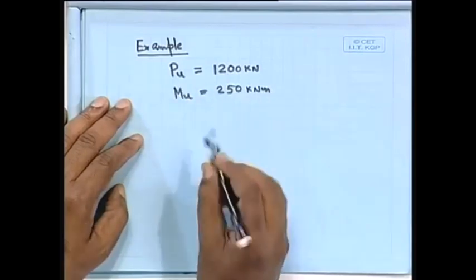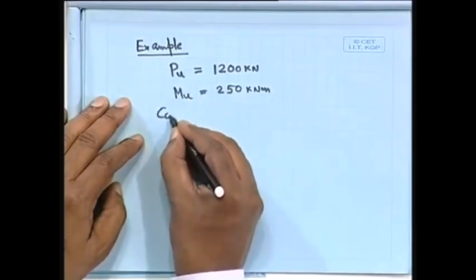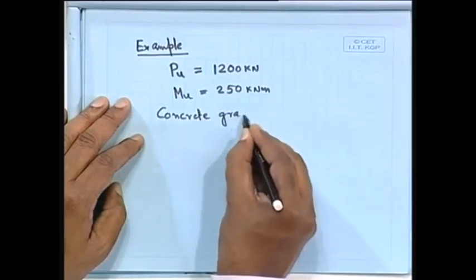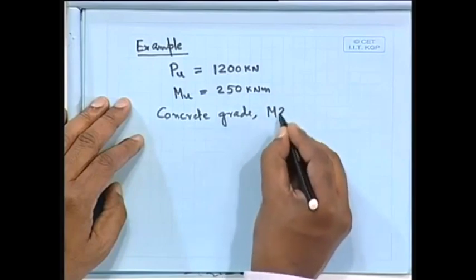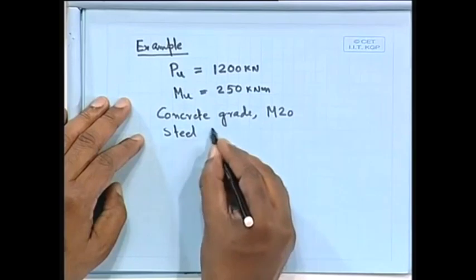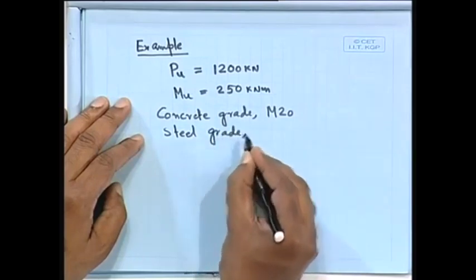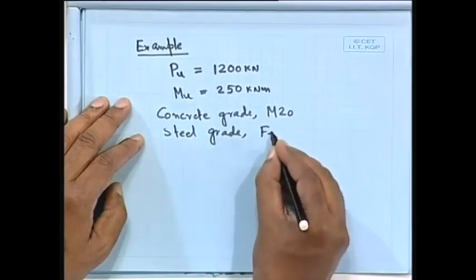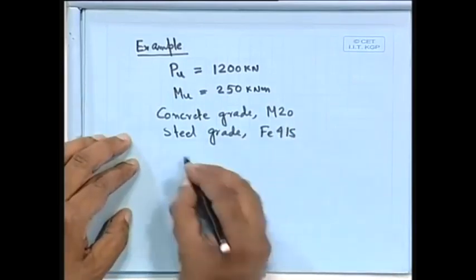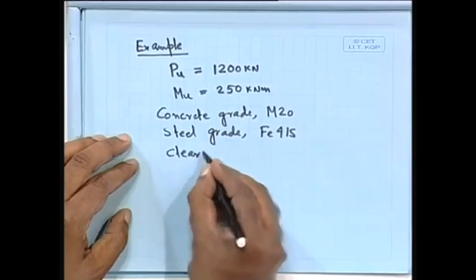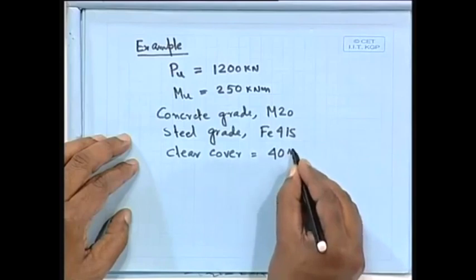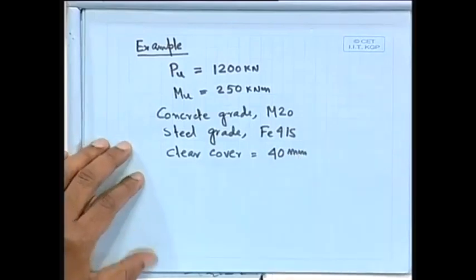So PU and MU given, concrete grade M20, steel grade Fe415, clear cover 40 millimeter. For column we generally use the clear cover 40 millimeter.